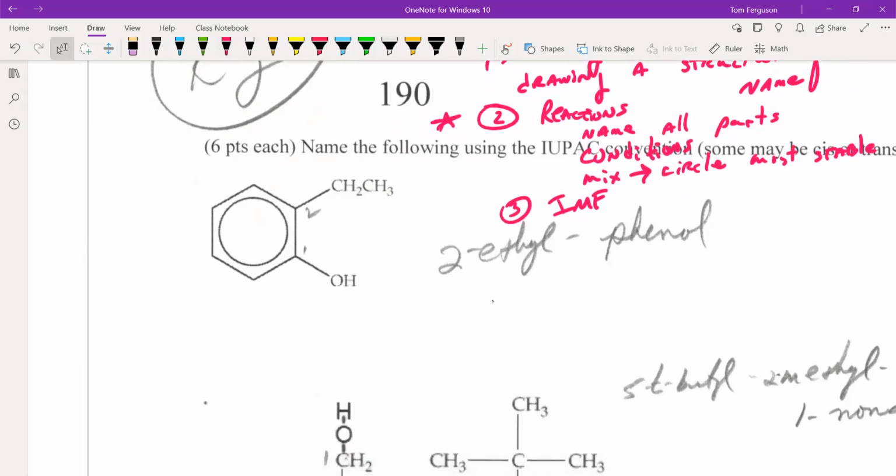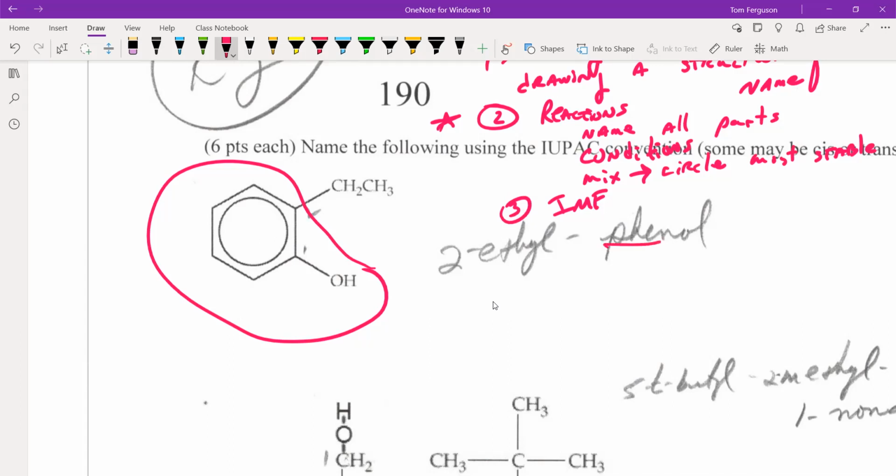Now this is one of those benzene-based structures, but instead of calling it a benzene, it's based on phenol. So that automatically makes the carbon where the hydroxyl group is attached carbon number 1. We can either go clockwise or counterclockwise.